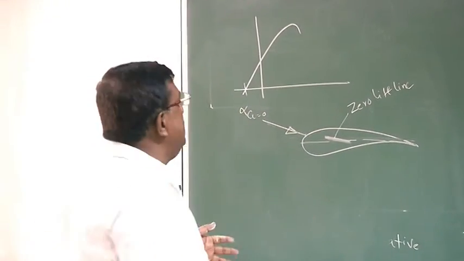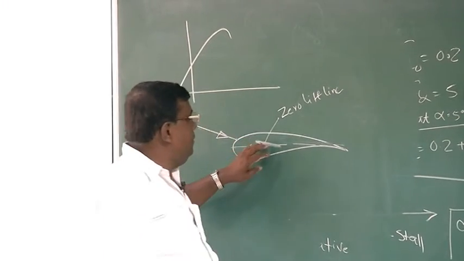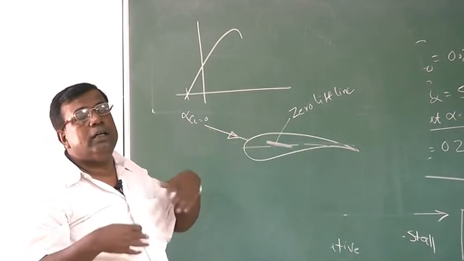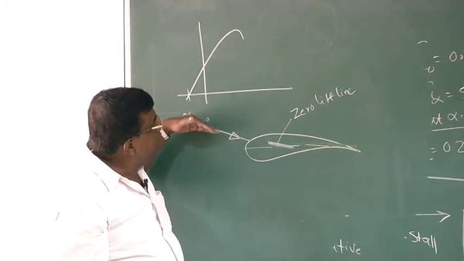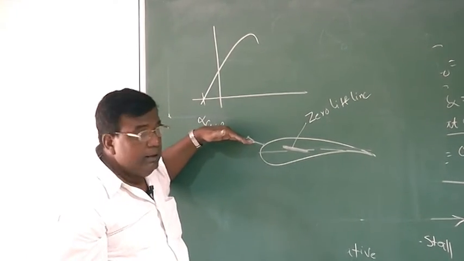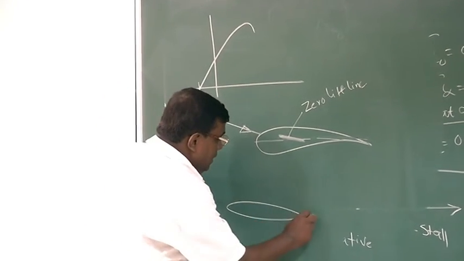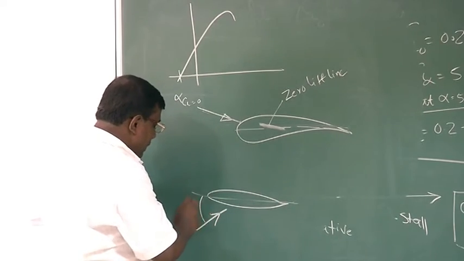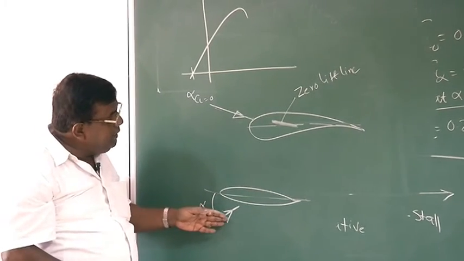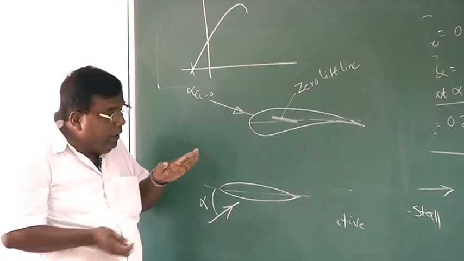In flight mechanics, we use this concept more frequently when we are discussing stability and control. I repeat this. You could see that this is a negative angle of attack, because positive angle of attack is when a flow is coming like this. When I draw like this, it's relative; the airplane is actually going like this.